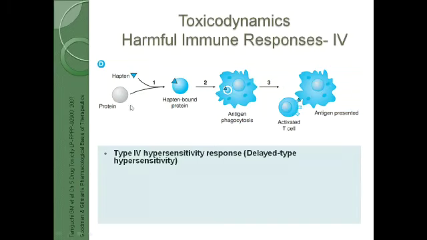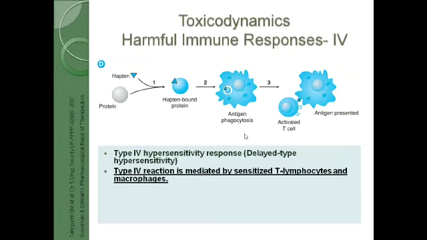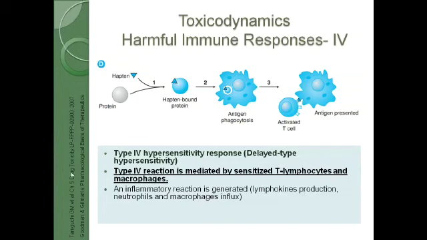So here, hapten-bound protein will be phagocytosed by the antigen-presenting cell. We call this also delayed type hypersensitivity reaction. Type 4 reaction is mediated by T lymphocytes and macrophages. An inflammatory reaction is generated.